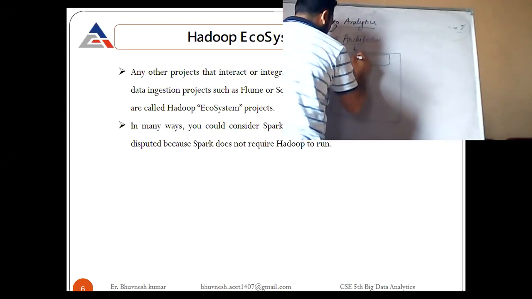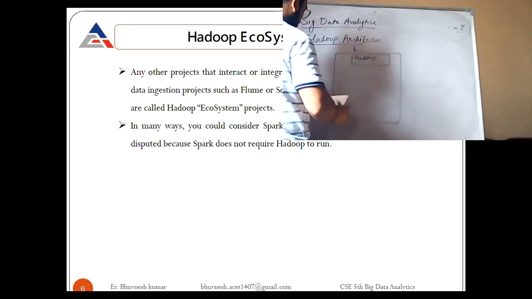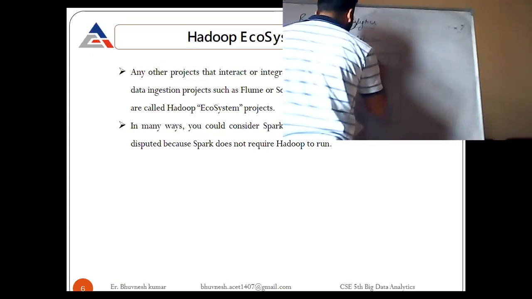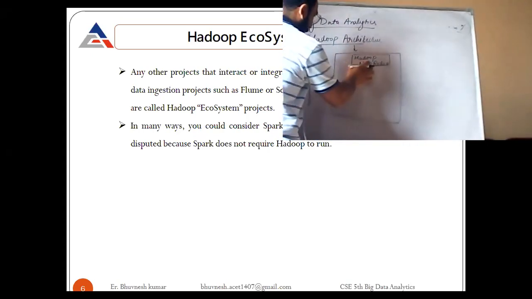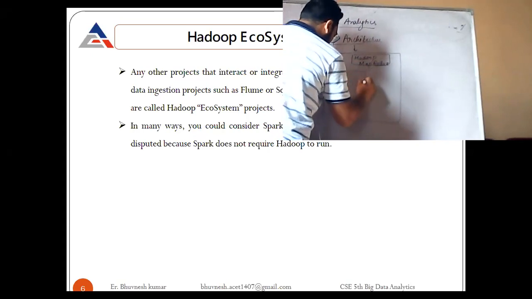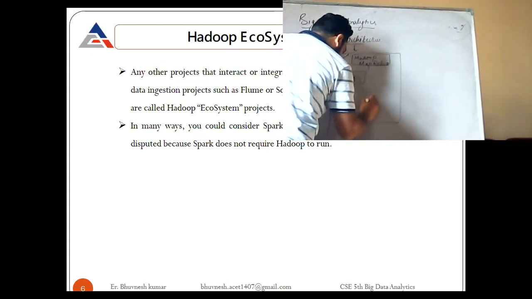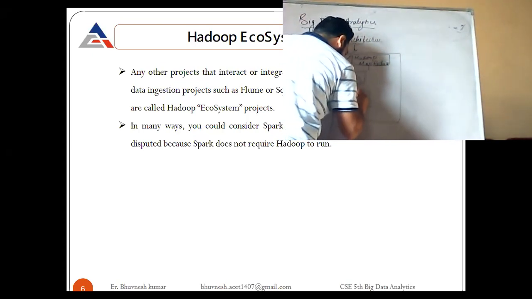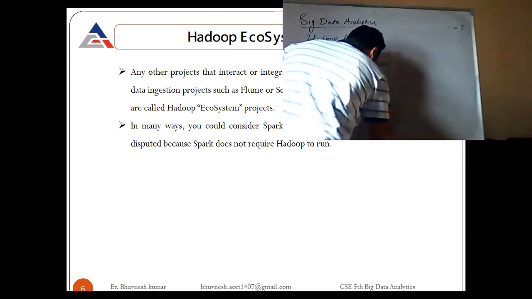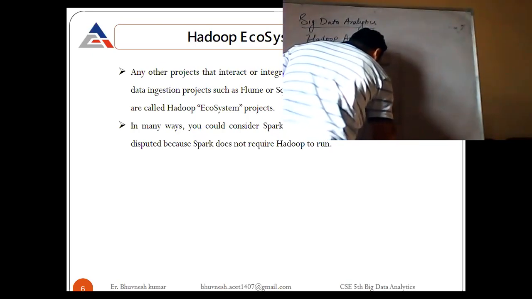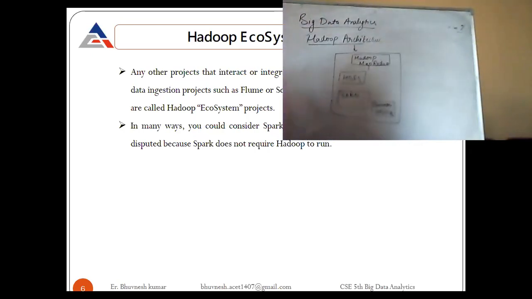In Hadoop architecture, you have different environments: MapReduce, HDFS, and also common utilities.